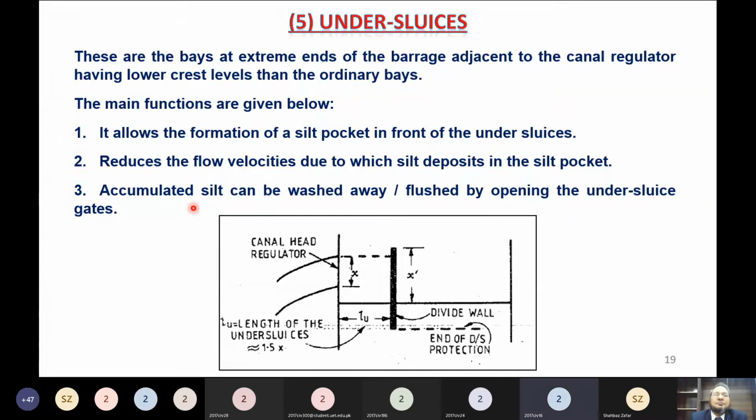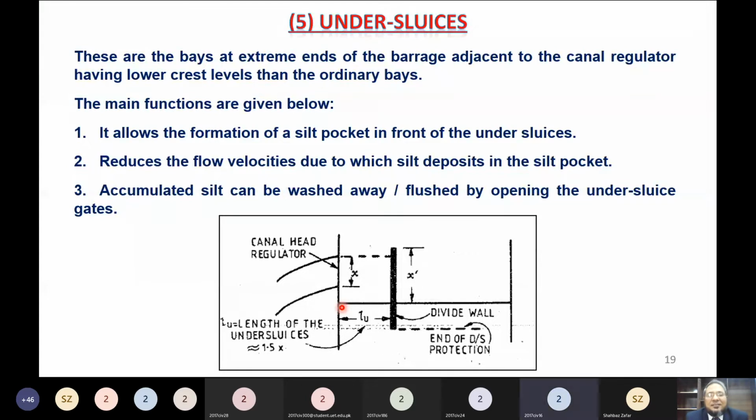Sir, kindly explain the first function a little. First function? Silt pocket formation. Yes, this is the silt pocket. As I mentioned, a pocket is something which is closed from three sides and open from one side.